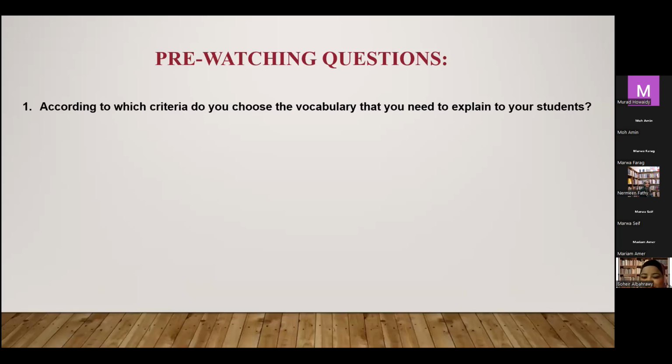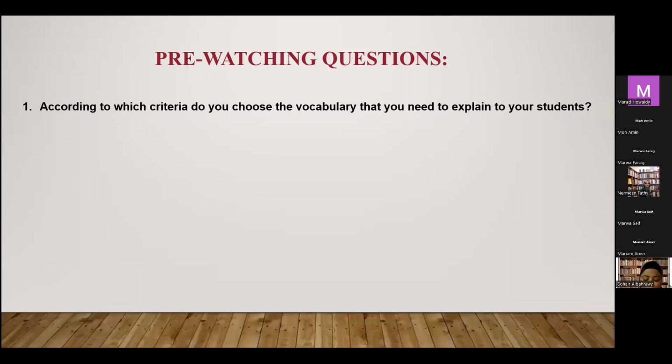Mohamed Amin, unmute yourself, please. Can you hear me clearly now? Yes. Okay. I want to reply to my friend who said that teaching vocabulary is very important. We know that teaching vocabulary is very important, but the question is not about this. It is about which vocabulary you would choose to teach, not all the vocabulary.